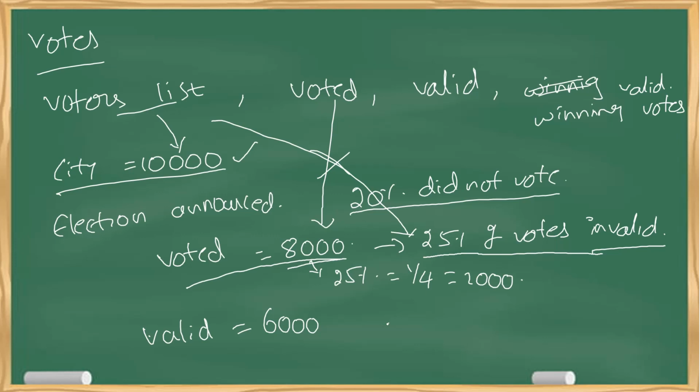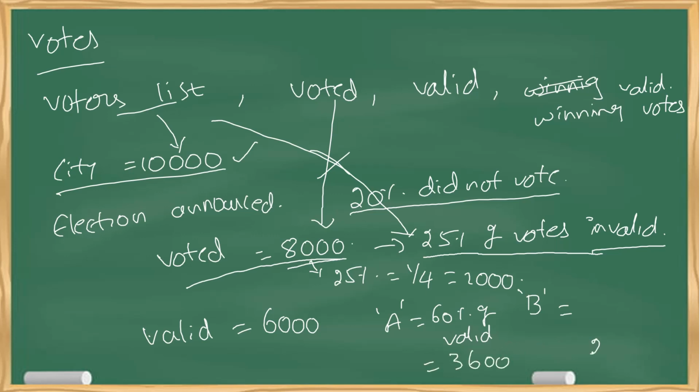Now here the person is telling that A is one candidate, and B is another candidate. A gets 60% of valid votes. Then how many should B get? This is up to your common sense. B should get 40% of the valid votes. Understand? Now how much is he getting? 3,600 votes.